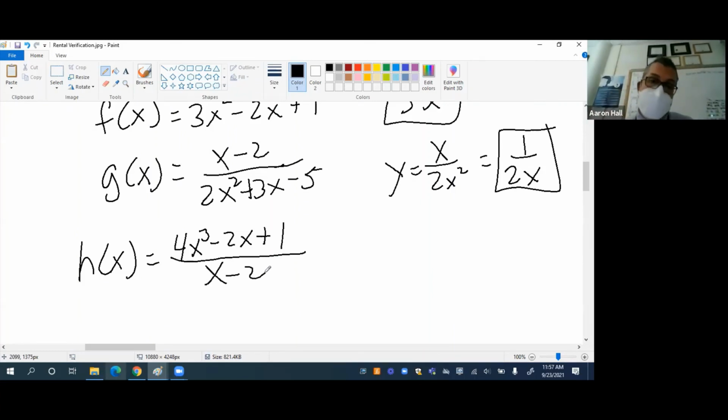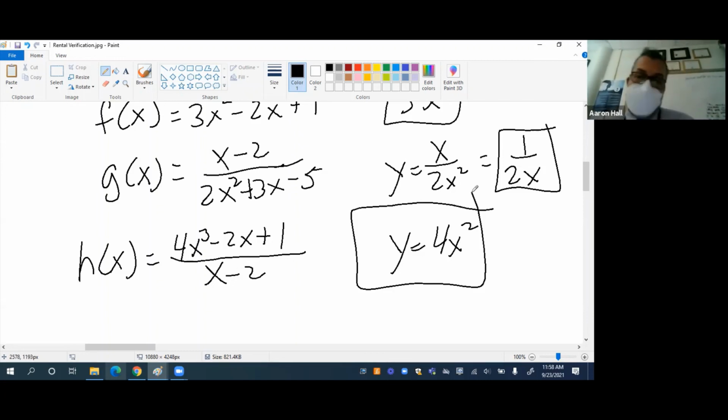What is the end behavior model? 4x. Is that Tate? Yes. Good job, Tate. How did you get that? Look at the first two terms and then simplify. Are we good with that? Yes. Okay, let's do another one.